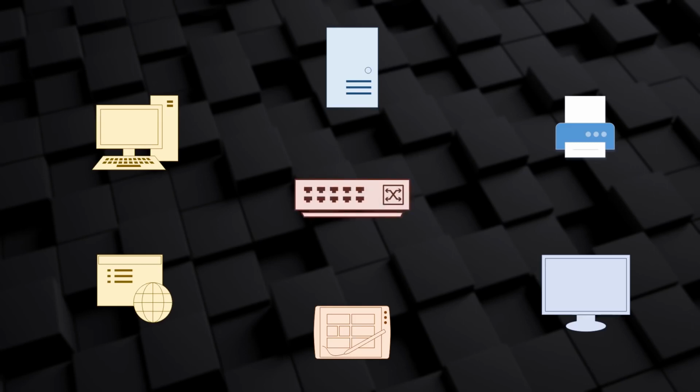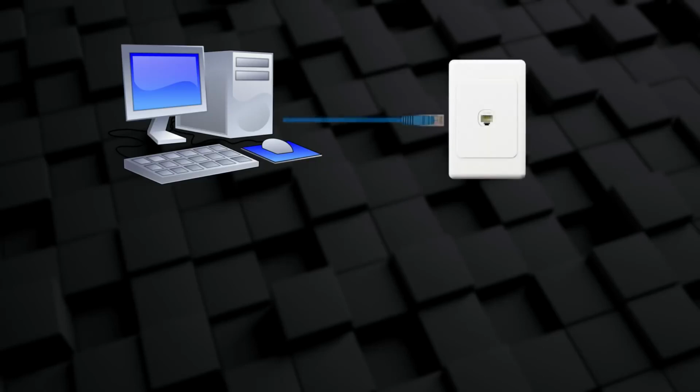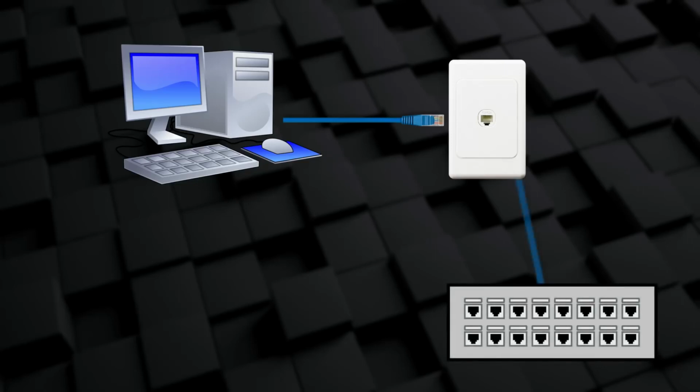For all of these devices to communicate, they need to be connected together somehow. One way is to plug cables into the devices and connect them to another device called a switch. An example is in a school's computer lab. In this case, a computer in the lab connects to a wall socket with a cable. Another cable runs through the wall, which comes out at a patch panel.